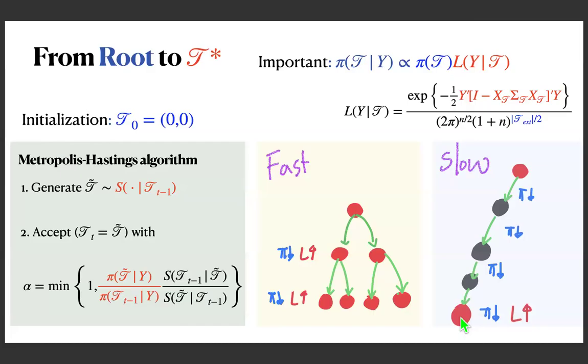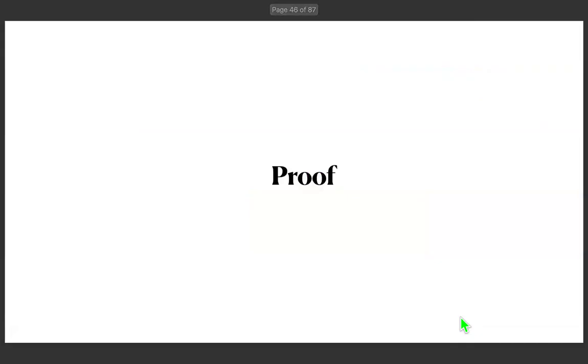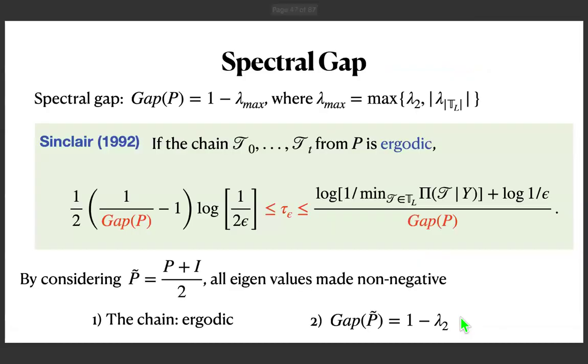And I think that is the intuition for why that very slow mixing happens. Now I would like to share some proof techniques that we used for this. We used something called the spectral gap.